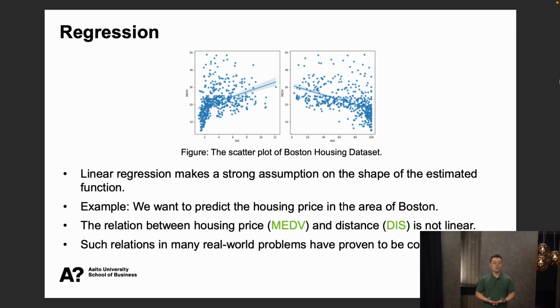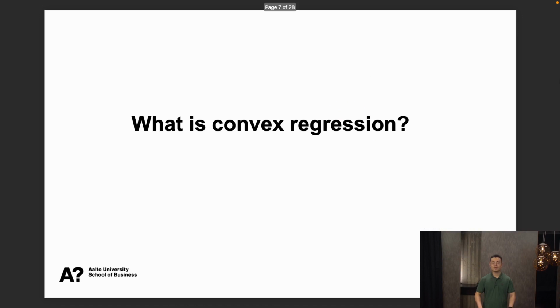But the relation between housing price and the distance is not linear. As you can see on the graphs, the distribution of the data points seems nonlinear. Such relations in many real problems are convex or concave. This motivates us to use the convex regression.